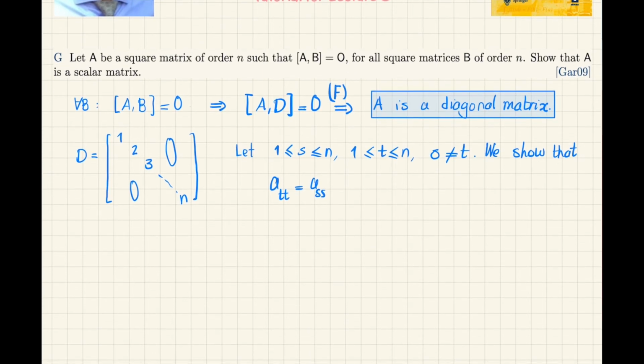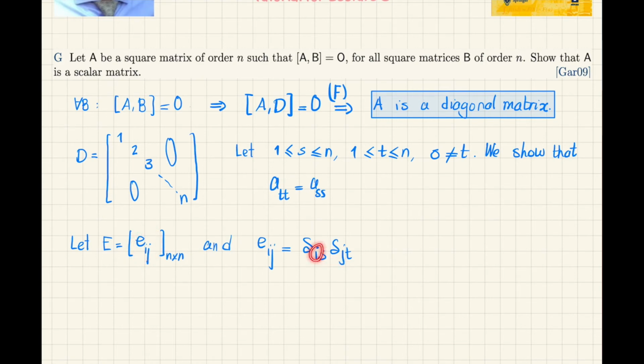Okay, the trick is that I would define another particular matrix. Let E be an n by n matrix with entries little e sub ij, and I define e sub ij as delta of i and s, multiplied by delta of j and t. So you see, I am defining the entry on the ith row and jth column of this matrix in this way.